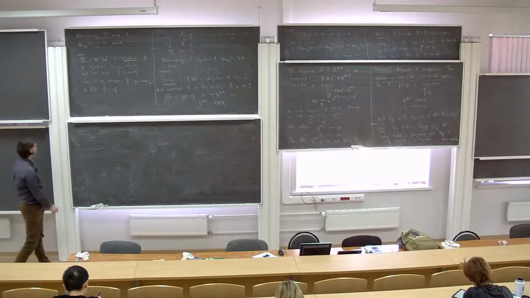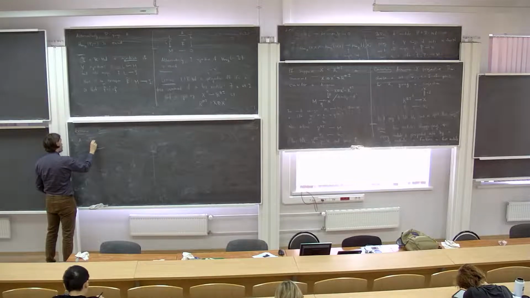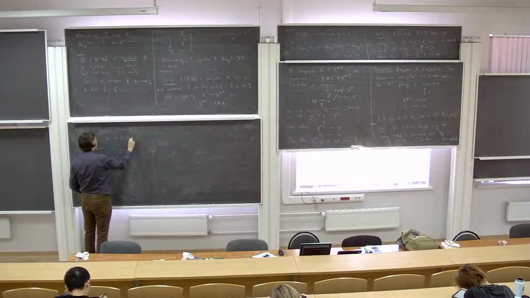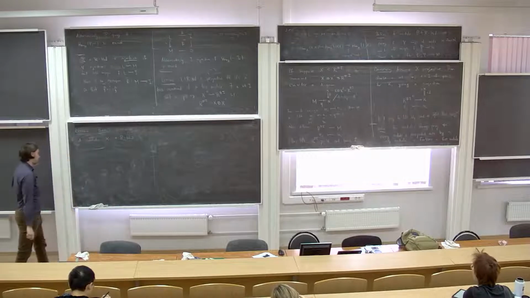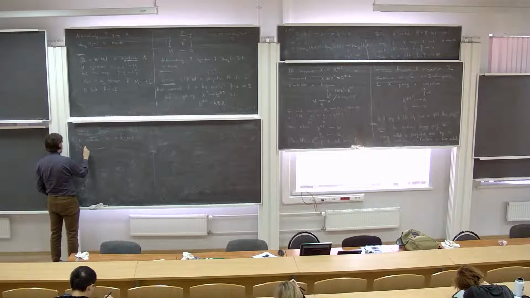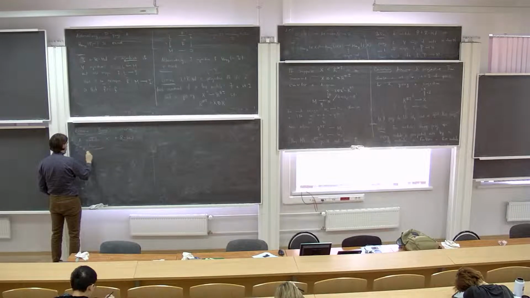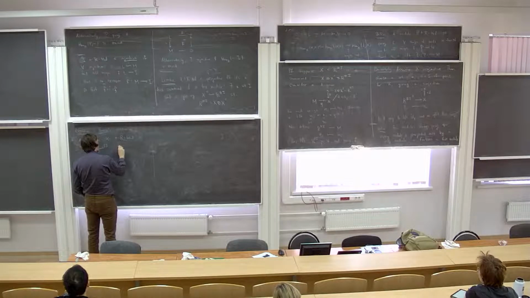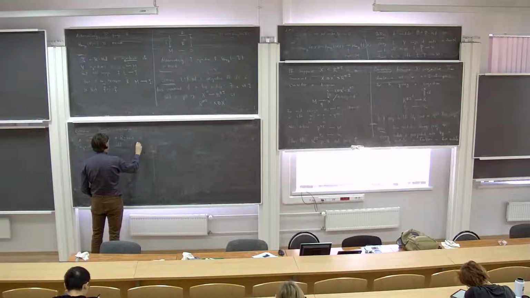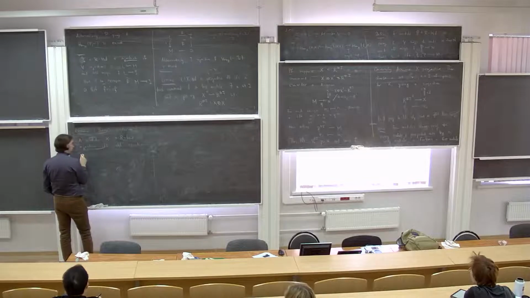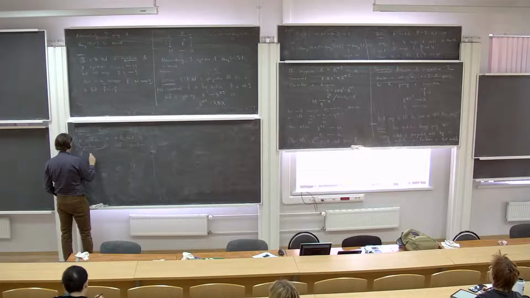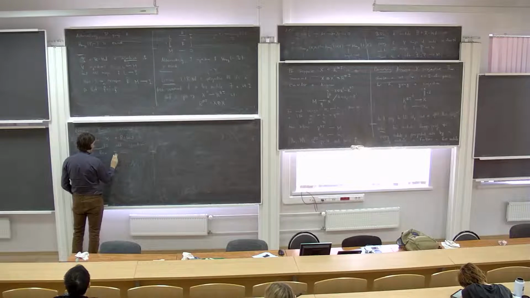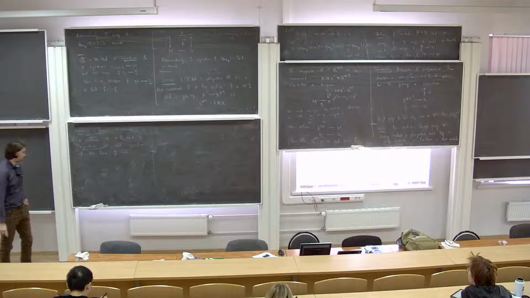So it says a module, let's say X in R-mod, is injective if and only if all injections of the form J into R, where J is some ideal inside R. I'll call it J because I was using I for an injective module.